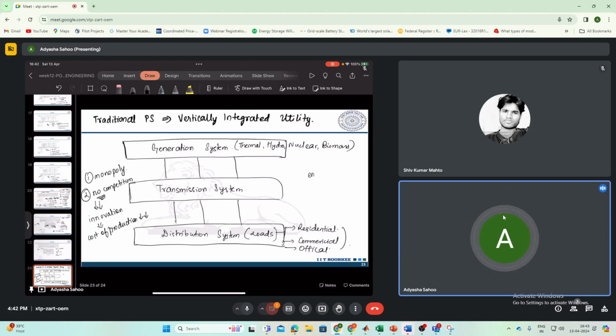The generator company will think this way only when it has competition. If it does not have competition, it will not have any incentive to improve its quality or to reduce its price. Hence, to bring competition into the system, it was suggested that we try unbundling this system.